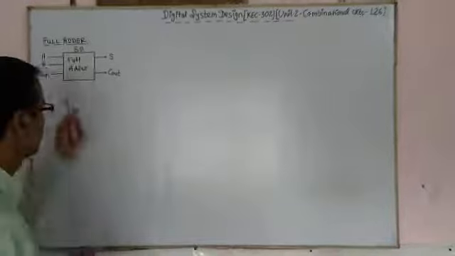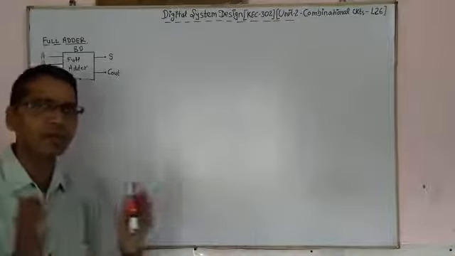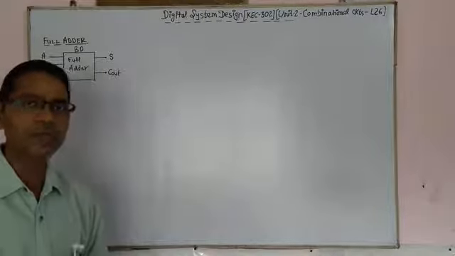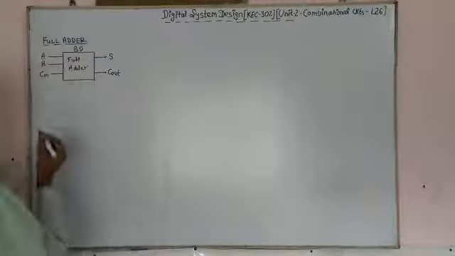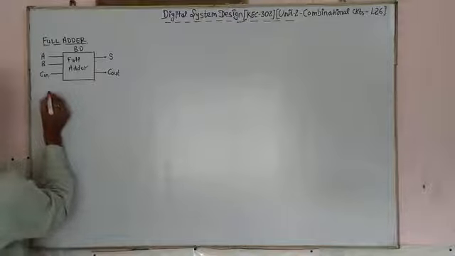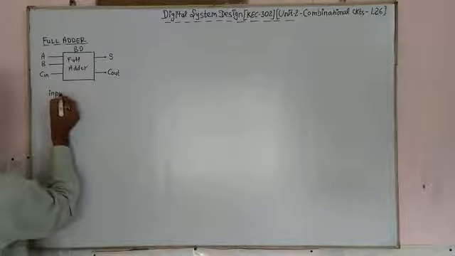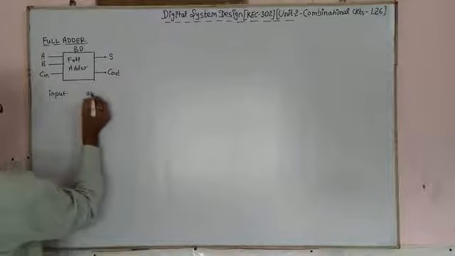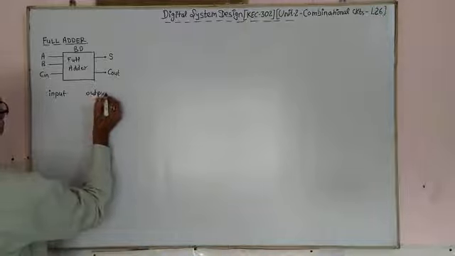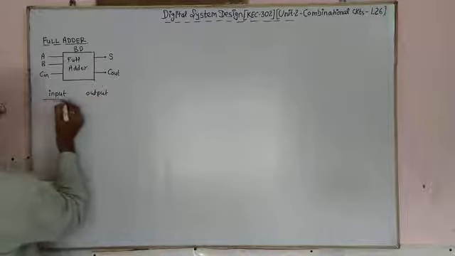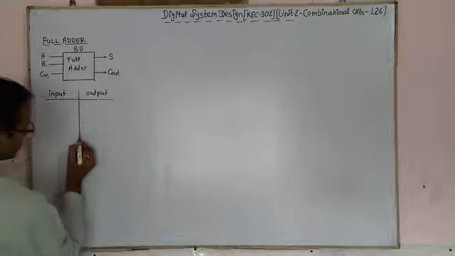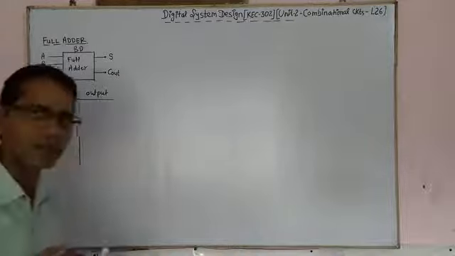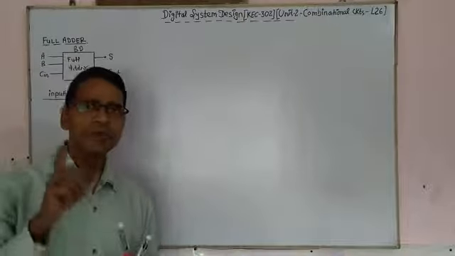So using this block diagram, we will convert the behavior of this block diagram in terms of a table, or you can say in terms of truth table. Okay, so that is input, and here output. So we have here 3 inputs. If we are taking 3 inputs, we will have 8 combinations.